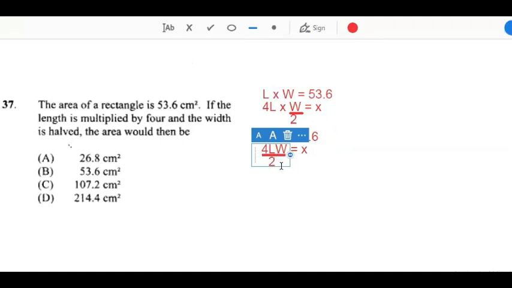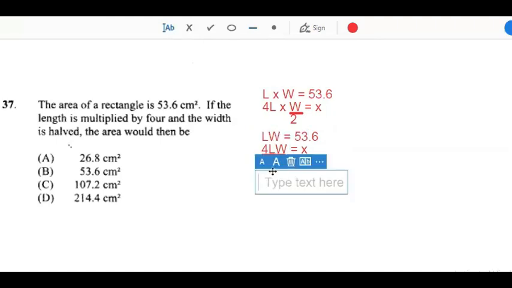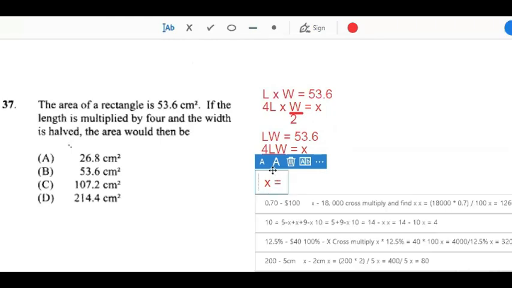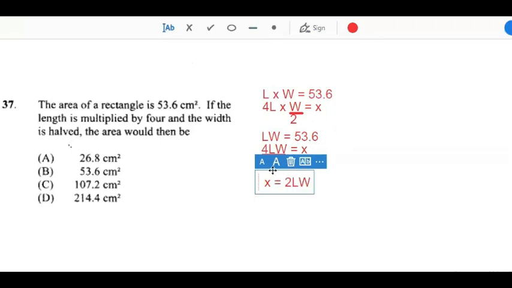And 2 into 2 goes 1 time, and 2 into 4 goes 2 times. So basically we simplified that little fraction right there. So basically x is equal to 2 length times width.